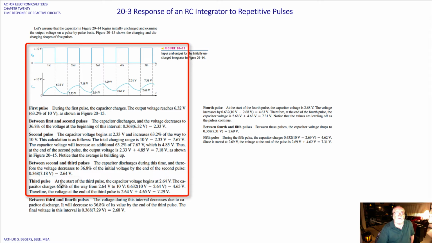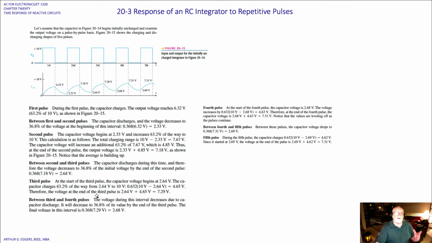At the start of the third pulse, the capacitor voltage begins at 2.64. The capacitor charges 63.2% of the way from 2.64 to 10 volts. So again, the same math: 63.2% of the difference between 10 volts and 2.64, which was right here at the beginning of the third pulse, gives us 4.65. Therefore, the voltage at the end of the third pulse is 2.64 plus 4.65, which gives us 7.29.